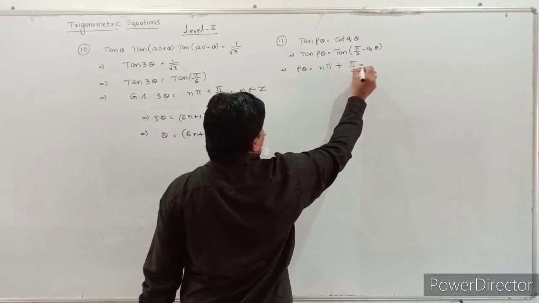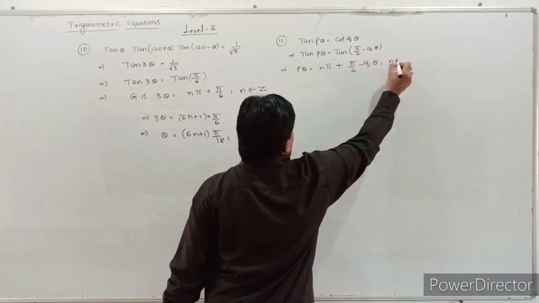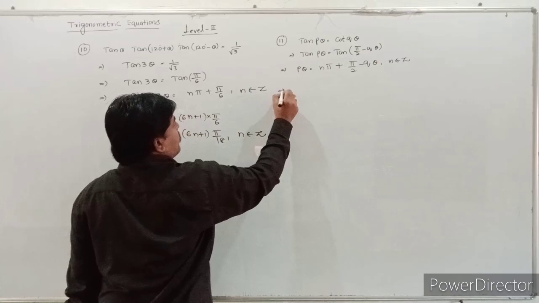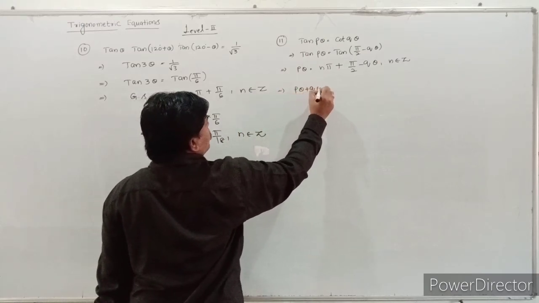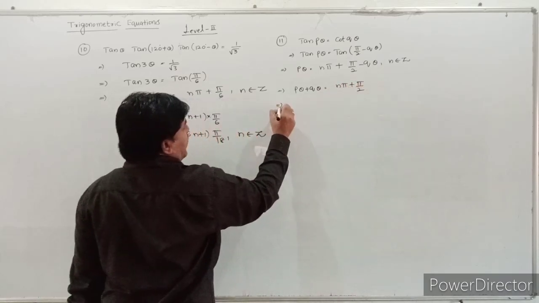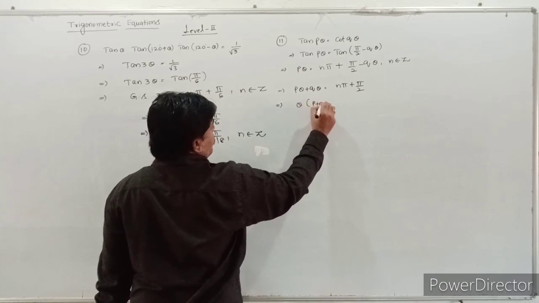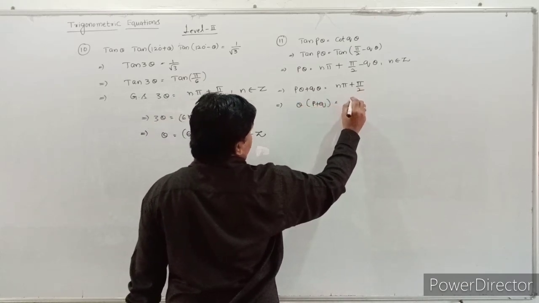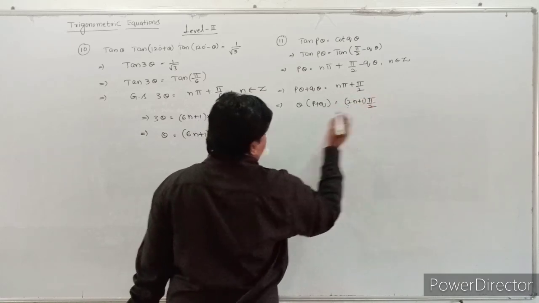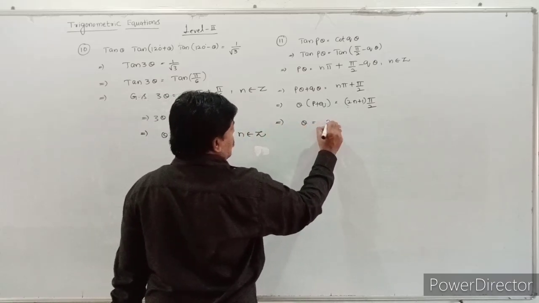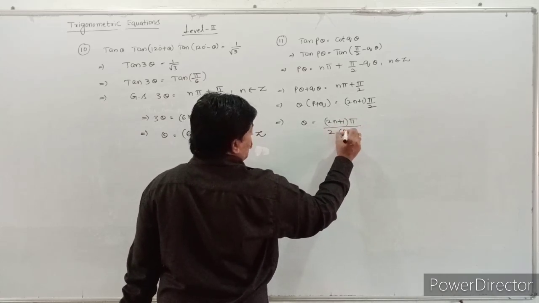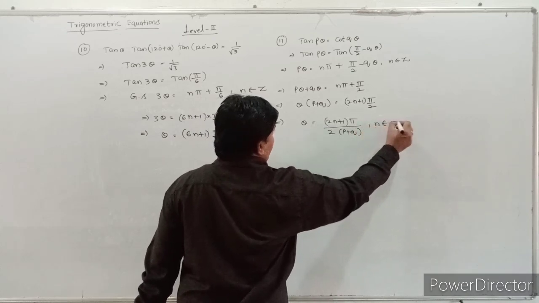Alpha is nothing but pi by 2 minus q theta, n belongs to Z. Take this minus q theta to this side, it will become p theta plus q theta is equal to n pi plus pi by 2. That implies, take the theta out, it will become p plus q. Take the pi by 2 common, so it will become (2n plus 1) into pi by 2. So that implies theta is equal to (2n plus 1) into pi by 2 into (p plus q), n belongs to Z.